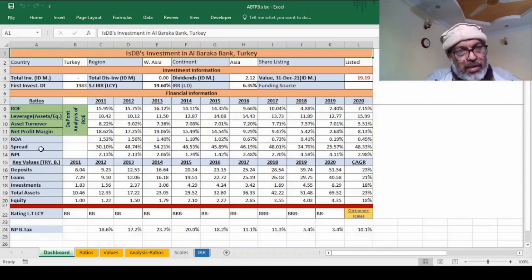And if the spread is higher, then it's good, and if it's lower, then it's bad. And like ROA, return on assets, higher is better. And there are other values like deposit strength. These have been abbreviated in the local currency and in millions.